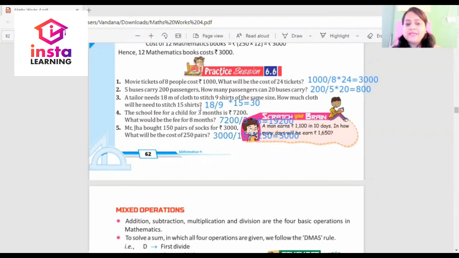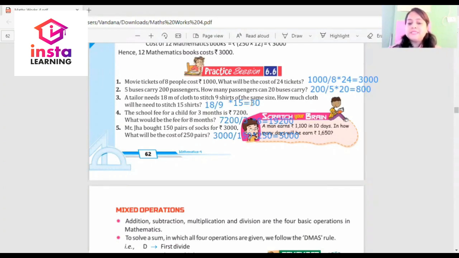A tailor needs 18 meters of cloth to stitch 9 shirts of the same size. How much cloth will we need to stitch 15 shirts? So students, you take 18 divided by 9, and then you have to multiply by 15. It's called the unitary method.